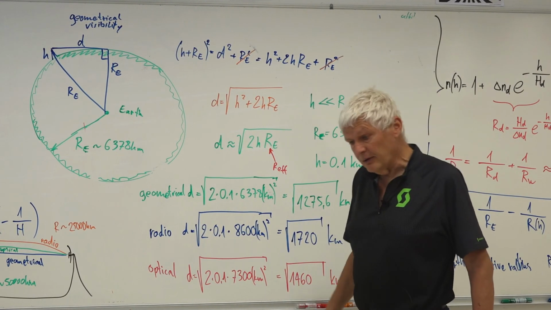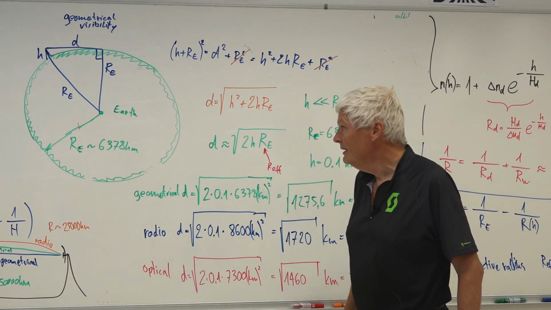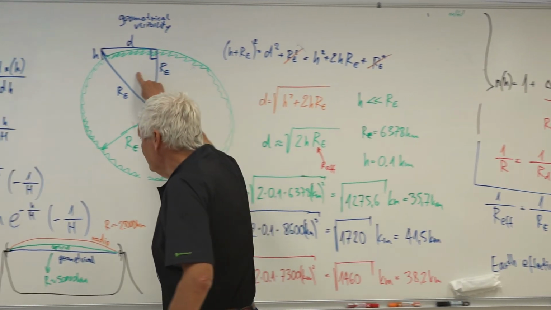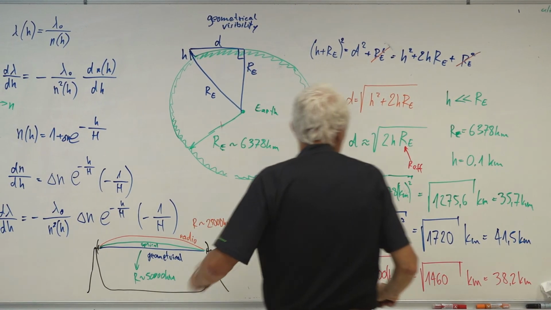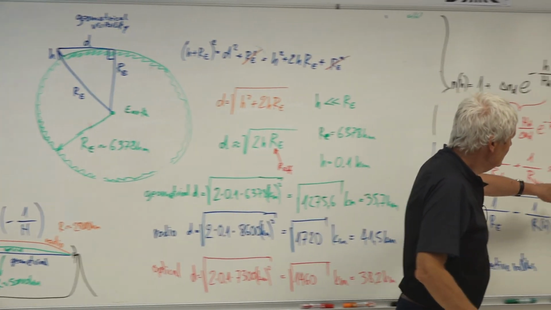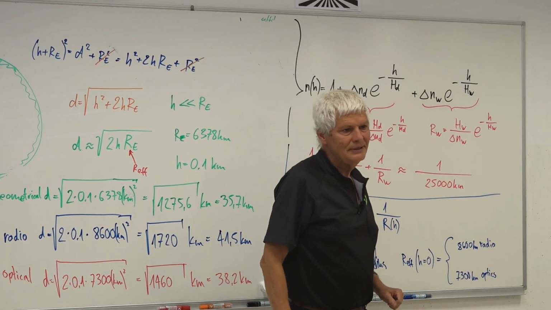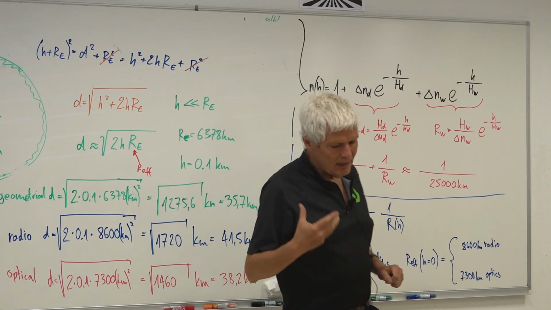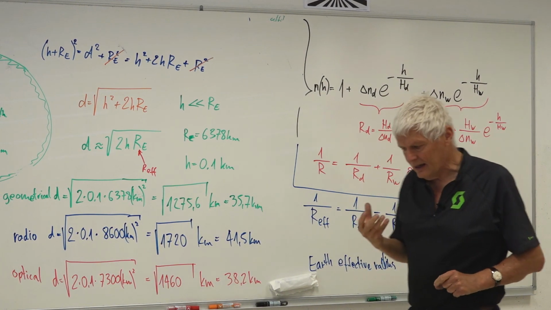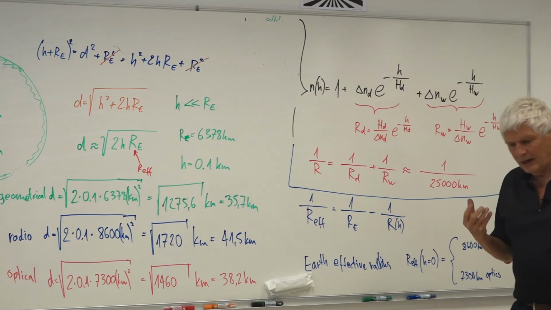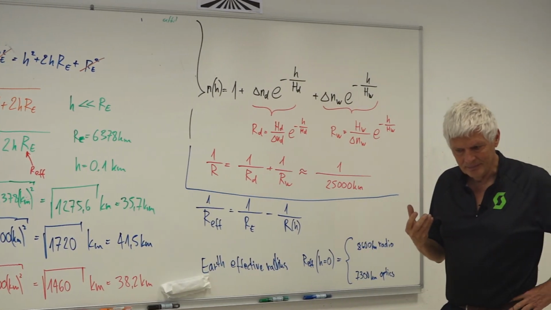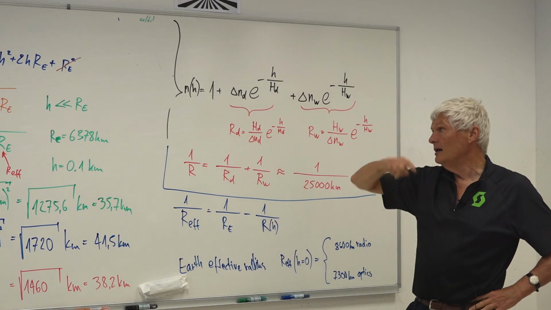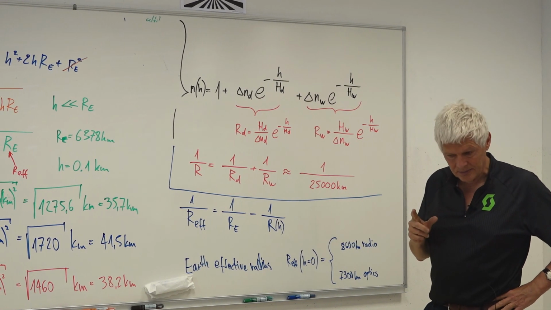What could we say about the Earth itself? With 1 bar pressure, I have this radius, 25,000 kilometers. If I had a much larger pressure than 1 bar, I could obtain a larger curvature, a smaller radius.